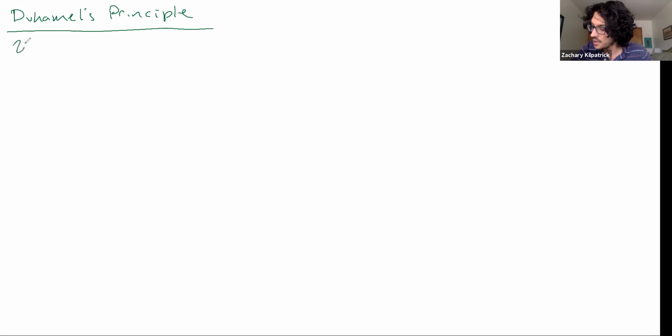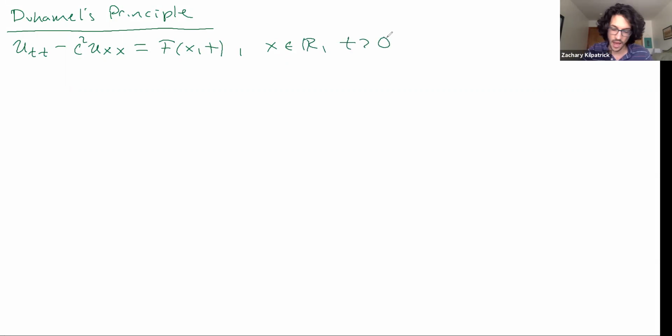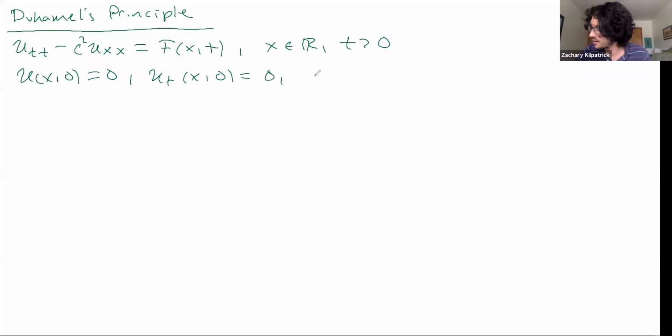So if we have the initial value problem for the wave equation with some arbitrary forcing function capital F, and we'll start with homogeneous initial conditions, and I'll talk about at the end how to just use linearity to superpose this solution with D'Alembert's solution.